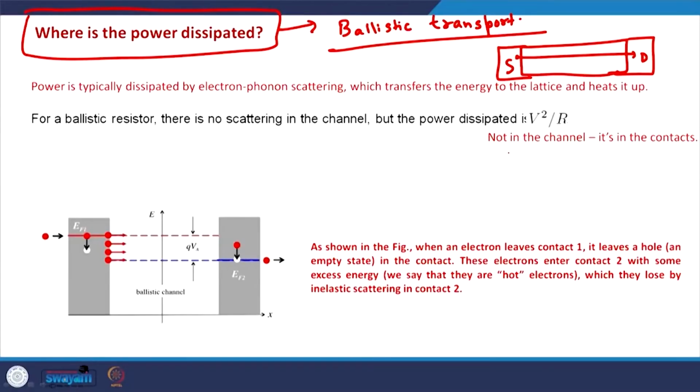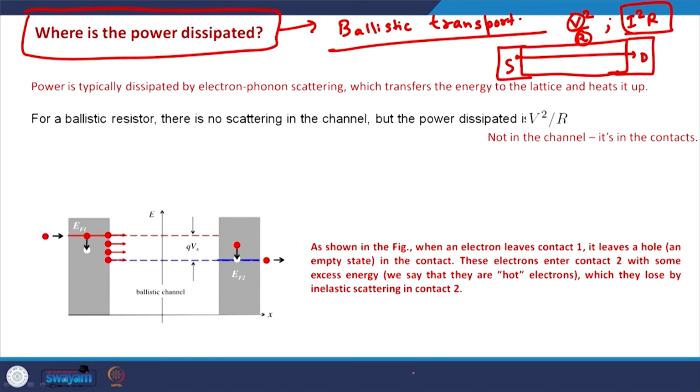That is the conventional understanding of power dissipation, and the power dissipation according to the conventional expression is given as V square by R, where V is the applied voltage, R is the resistance of the material, or I square times R.